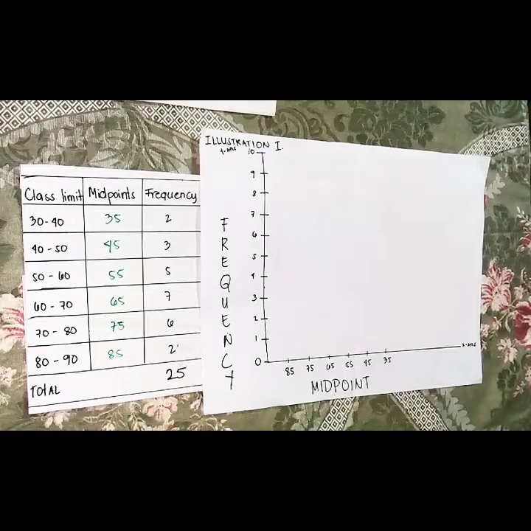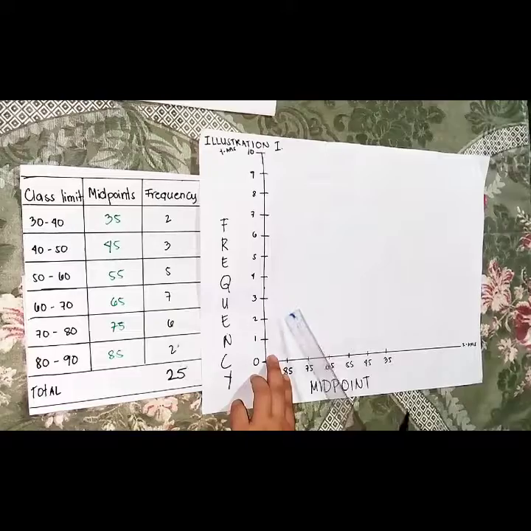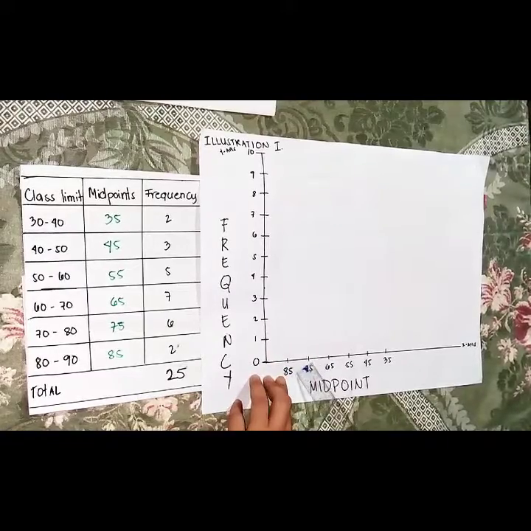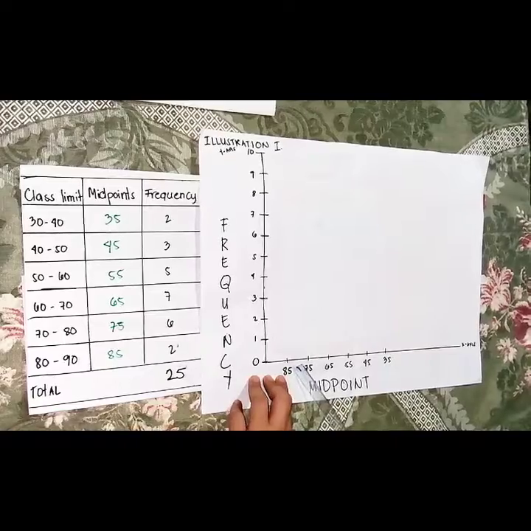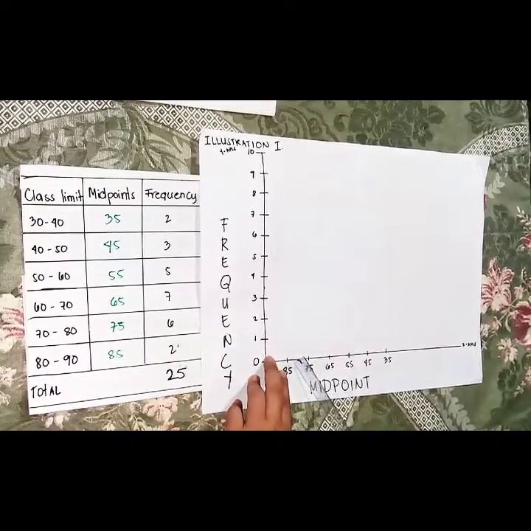So how do we create a line graph using our y-axis and x-axis? We simply point our midpoint to our frequency. In our midpoint, which is our x-axis, we have a midpoint of 85 with a frequency of 2.